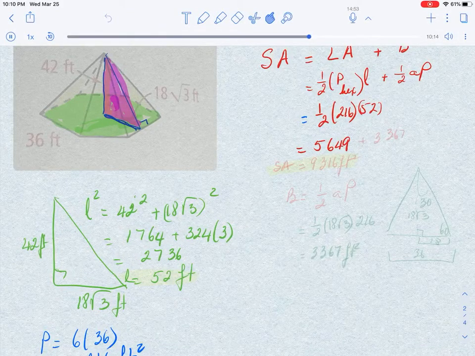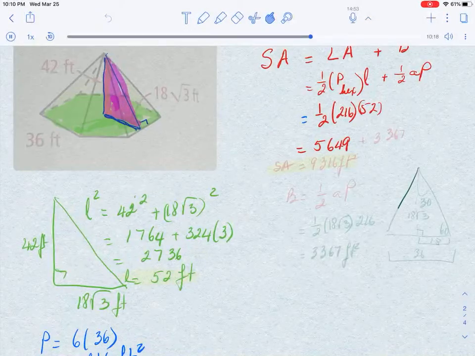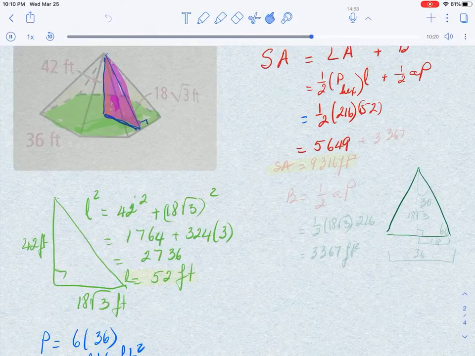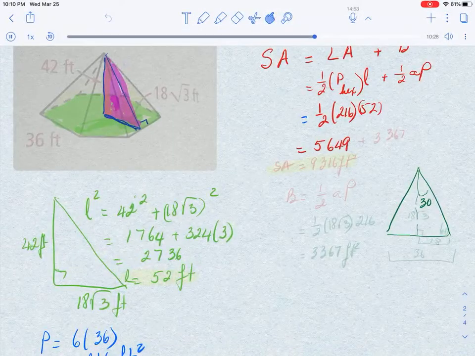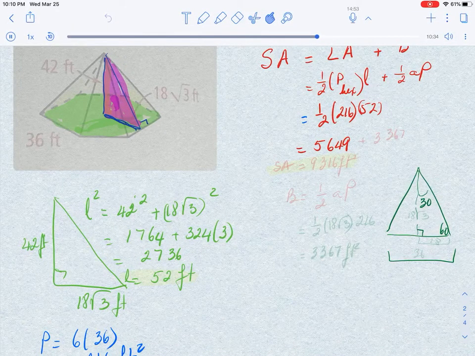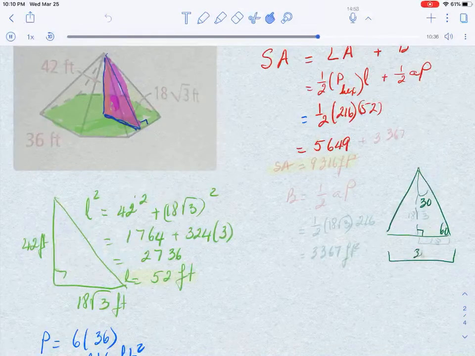That is my lateral area. Let's say I have a triangle. It's a hexagon, so the angle is going to be 30 and 60. Since the whole length right here is 36, that piece right here is 18.